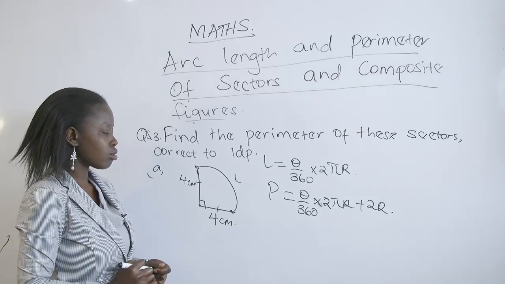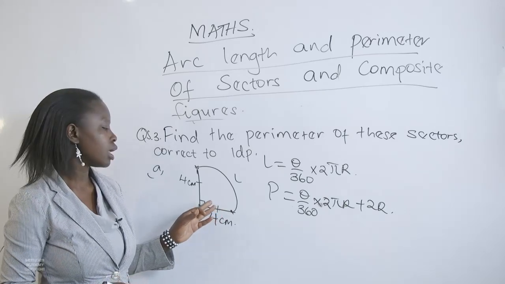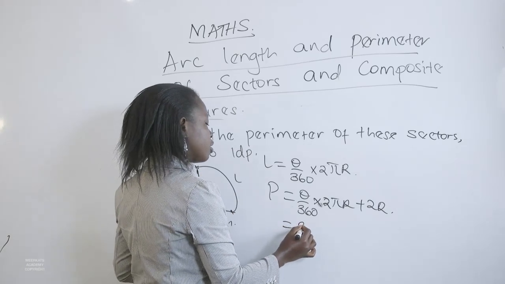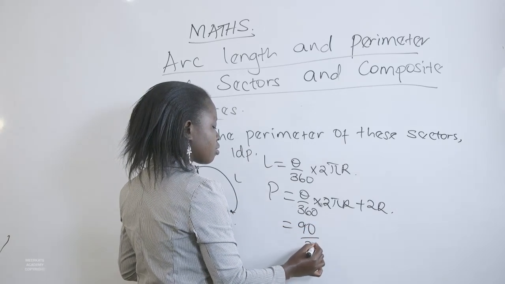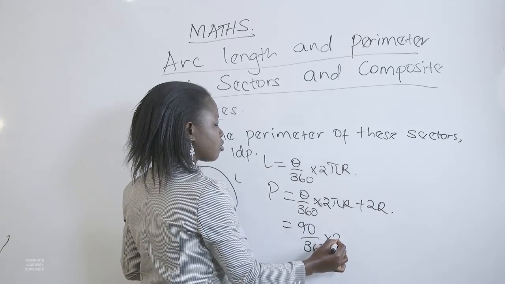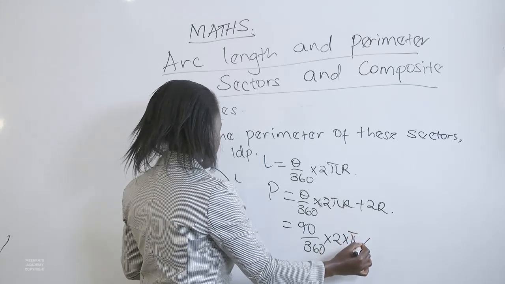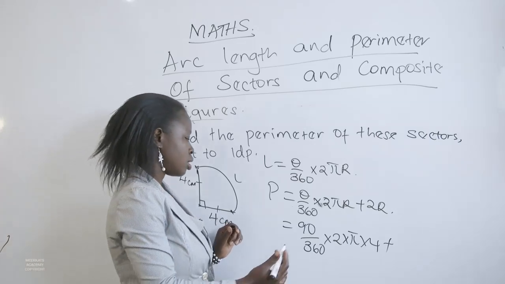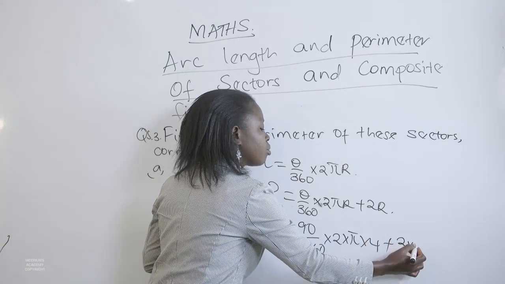So if we are getting the perimeter, we will have to add the 2 radii, so plus 2r. In solving this, our angle at the center is 90. So we have 90 over 360 times 2 times pi times our radius 4, then plus 2 times 4.